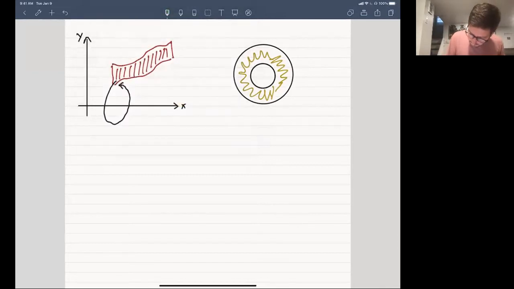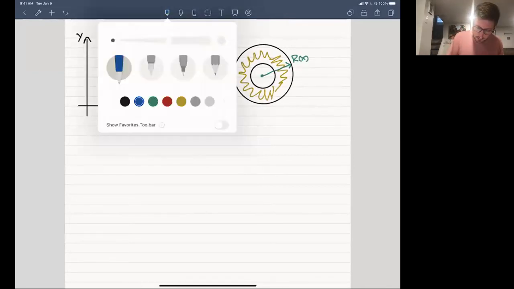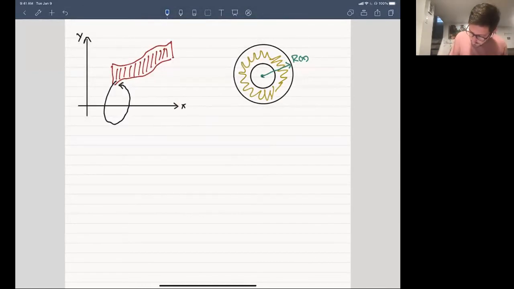Well, basic geometry would tell us that we would find the area of the large circle. So that thing we'll say has radius capital R of x. And we would subtract the area of the smaller inset circle, which we call little r of x.